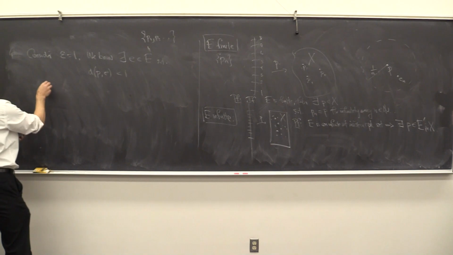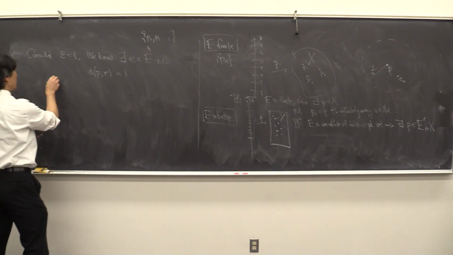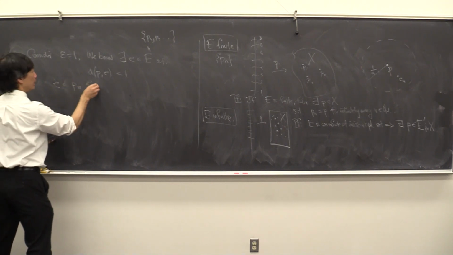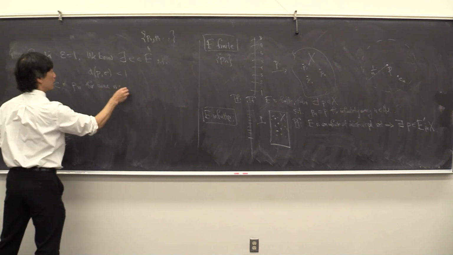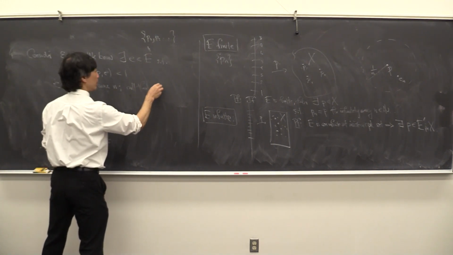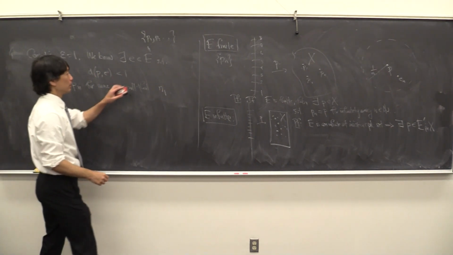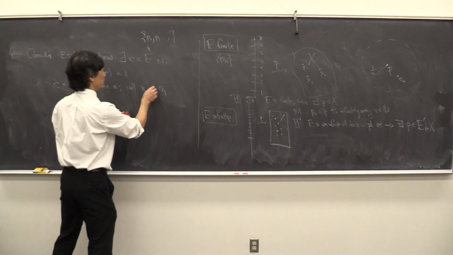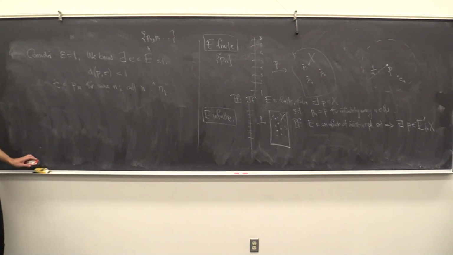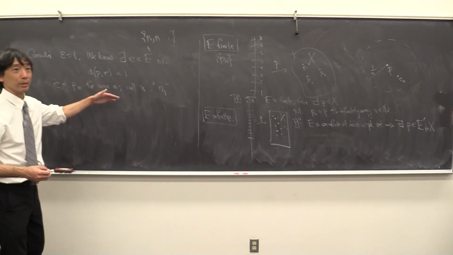So we know that E equals P sub n for some n. Call that n sub 1. Okay, so we've got our first element in our sequence.